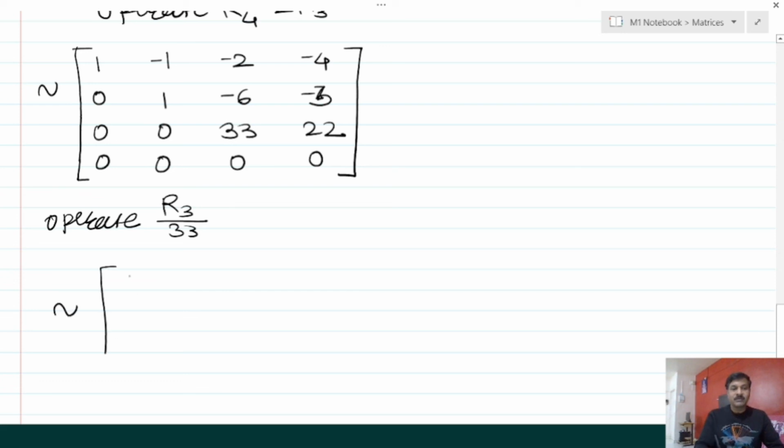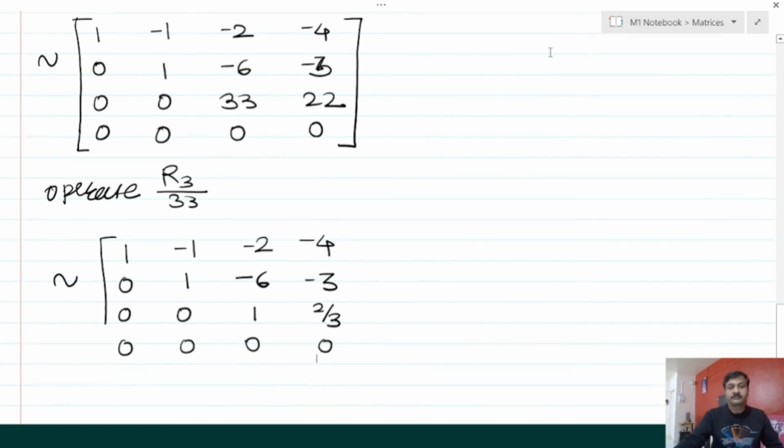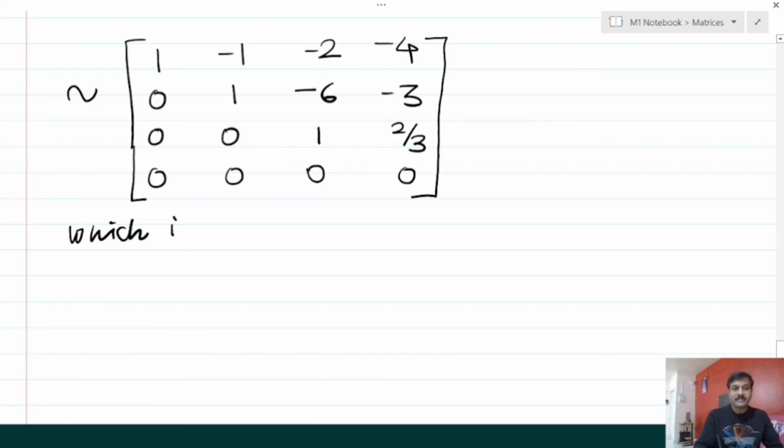So I am getting 1 minus 1 minus 2 minus 4, 0 1 minus 6 minus 3, 0 0 1 and 2 by 3. Finally 0 0 0 and 0, which is echelon form of matrix A, or of given matrix A.